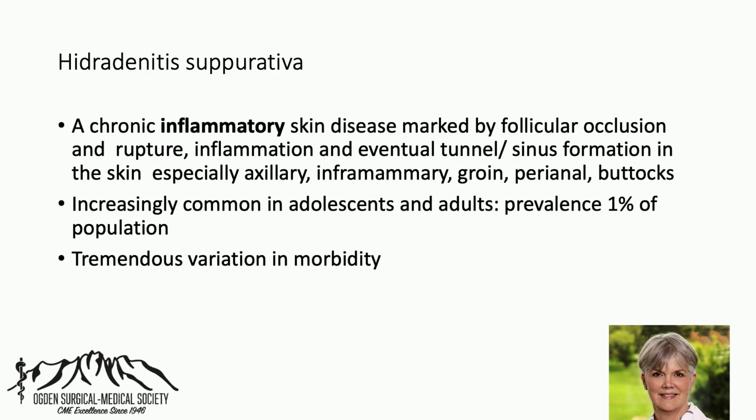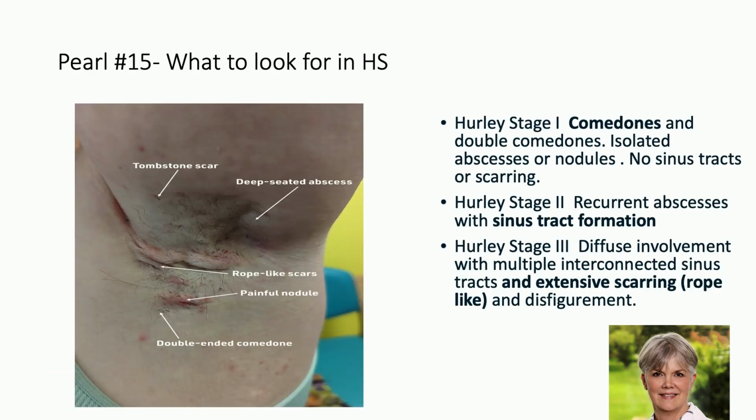It's inflammatory, marked by follicular occlusion, follicular rupture, and then the formation of epithelial-lined sinus tracts and tunnels that form in the intertriginous areas, the underarms, inframammary, and groin. The prevalence is now estimated at 1%. Tremendous variation in morbidity. Some people aren't bothered. Other people need to be on multiple medical regimens.